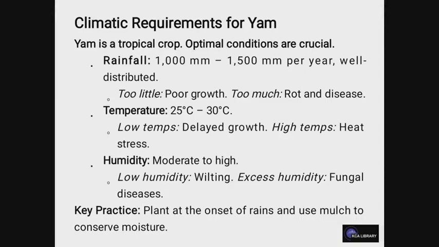The temperature should be between 25 degrees centigrade and 30 degrees centigrade. A lower temperature will lead to delayed growth, while a high temperature can lead to heat stress. For the humidity, it's moderate to high. When it is low, it can lead to wilting, and when we have excess humidity, it can lead to fungal diseases.